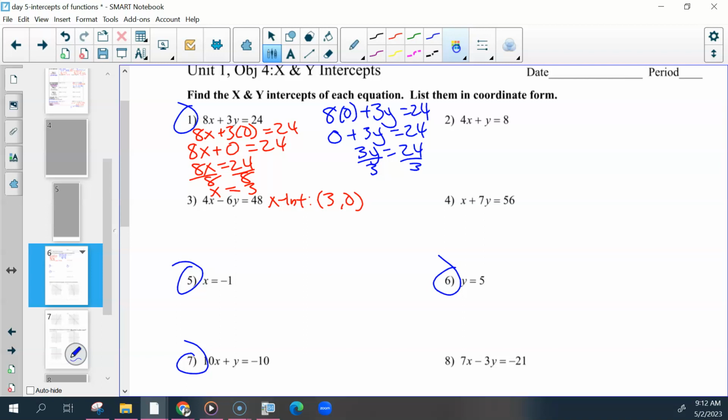What would our y value be? 8. And how would we write that intercept? Before we continue, what questions do we have on either method?